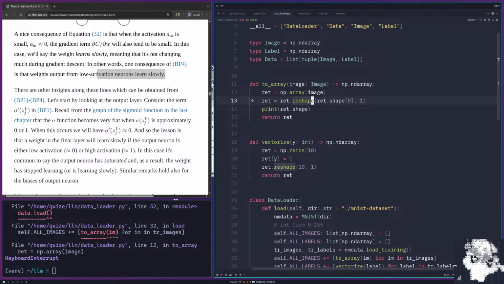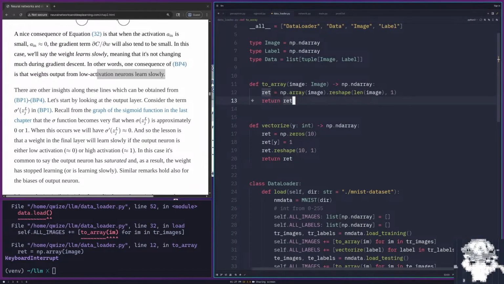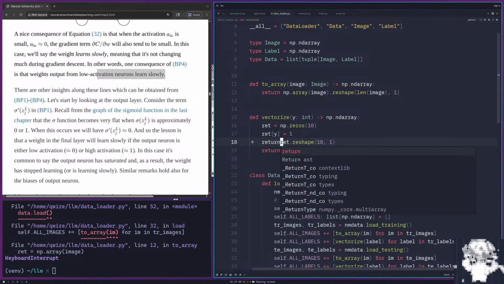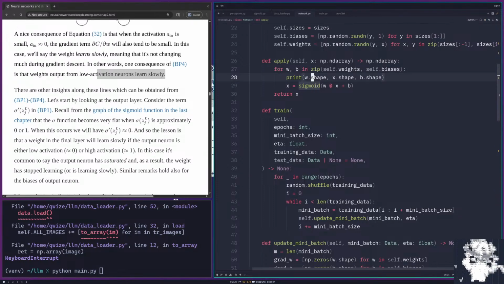Okay. Let's try removing our print statements and seeing if stuff just works.